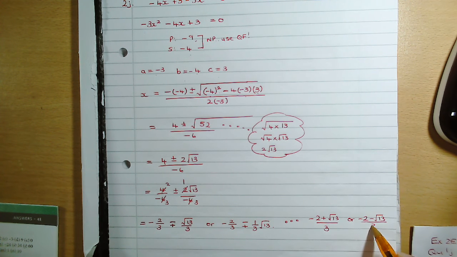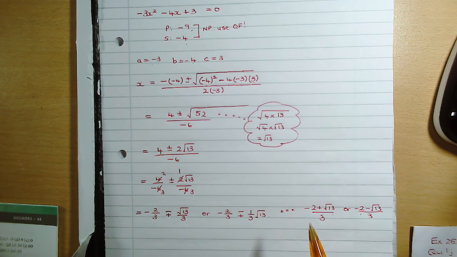So again, if we take the book's answers and we break it up into two separate solutions, so divide each term in the numerator by 3, we get minus 2/3 plus root 13 over 3, or minus 2/3 minus root 13 over 3.